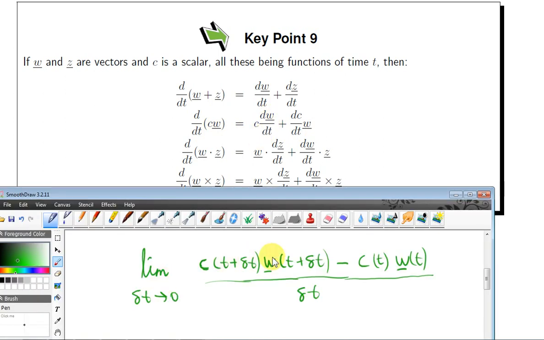So what I'm trying to say is that we have to take this limit here if we were going to get this derivative from first principles. So our function is c times vector w, so we need to get c times vector w at a time t plus delta t, and then subtract cw at time t and divide by the difference in the times, which is delta t, and then take the limit as delta t goes to 0.